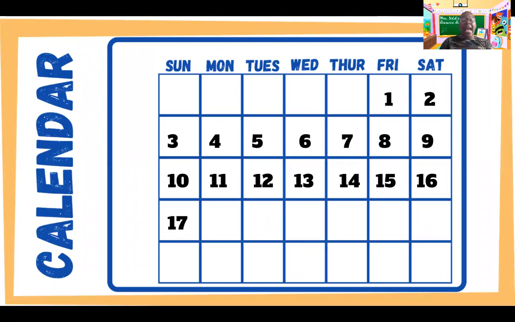Let's take a look at our calendar. Remember, our calendar assigns one number to every day of the month. Let's count together. 1, 2, 3, 4, 5, 6, 7, 8, 9, 10, 11, 12, 13, 14, 15, 16, 17.